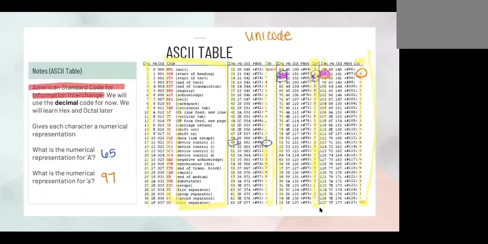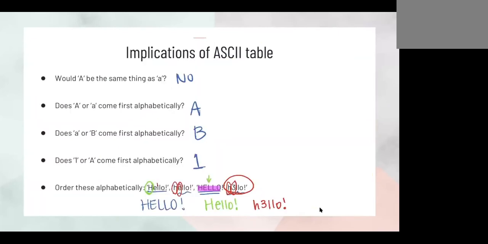We can see that here, even though it's like a lowercase letter, the number 3 will precede a lowercase e. So H3LLO exclamation mark will be third in our list. And last, we have our regular hello. So this will be the order of our strings.